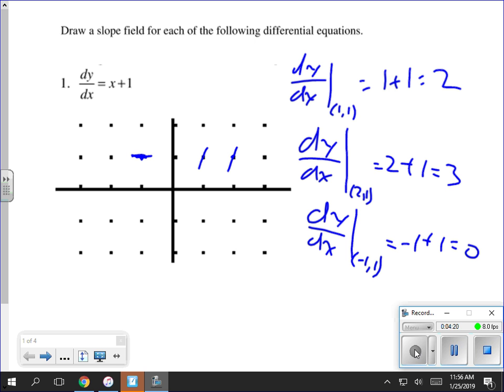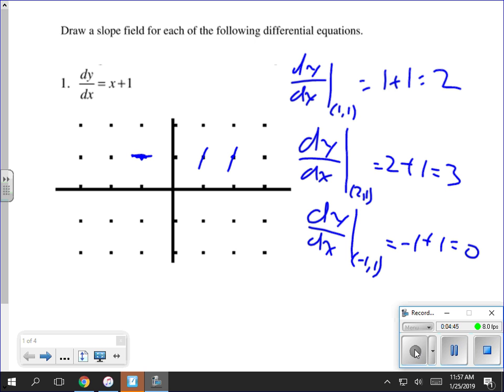My differential equation only varies with x, which means that all the vertical values are exactly the same, because it doesn't matter what y is. Changing my value of y doesn't change the value of my differential equation, only changing my x values.